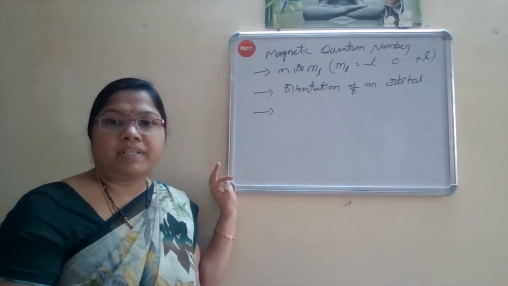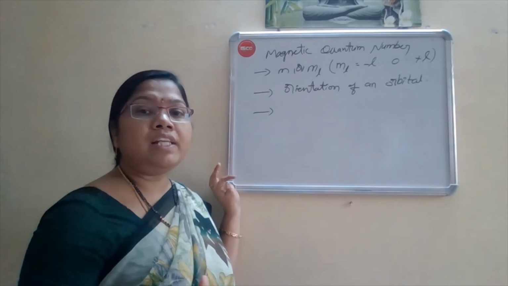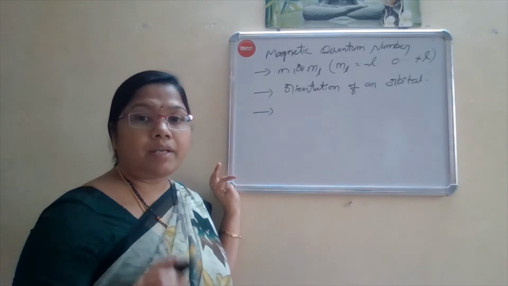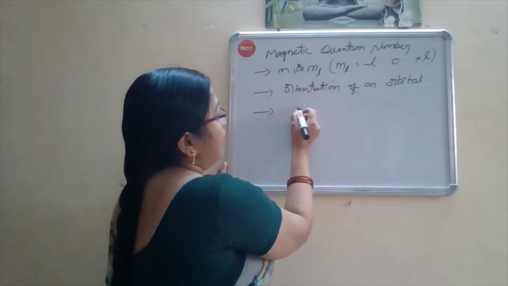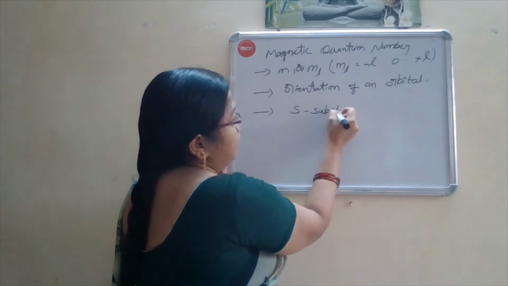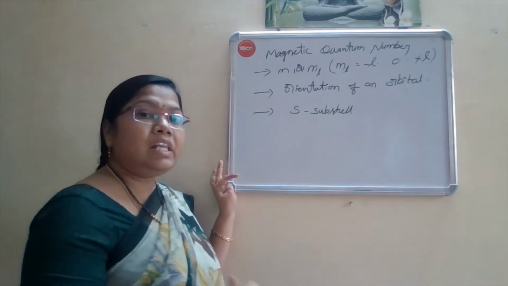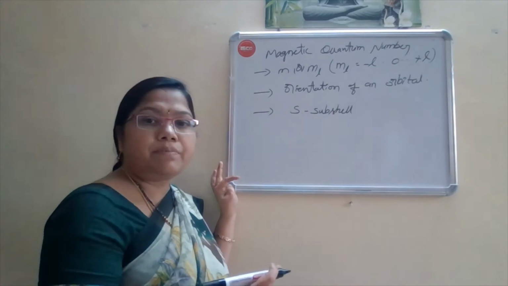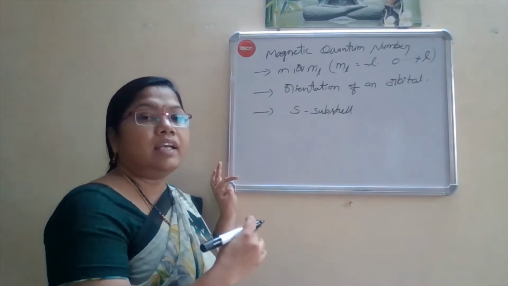The third quantum number divides the subshell into individual groups of orbitals. For example, the s subshell is divided into individual orbitals. The p subshell is divided into individual orbitals.